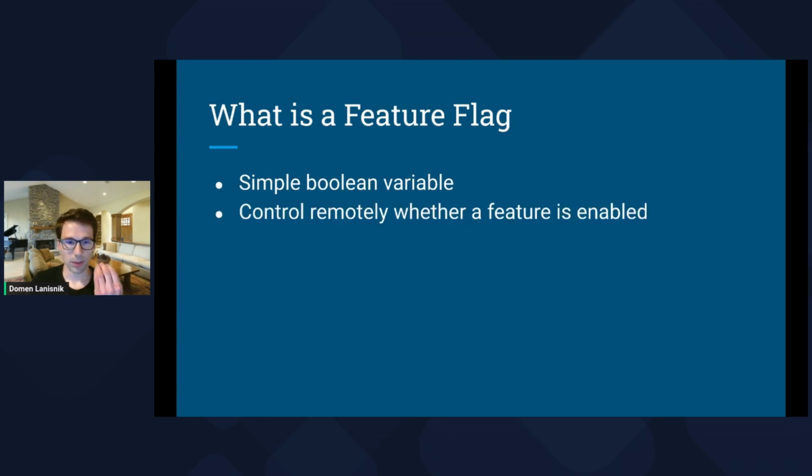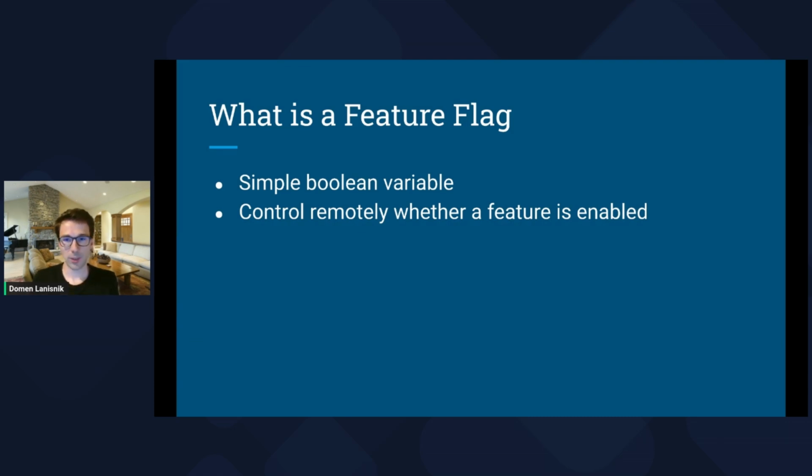So there's a build time feature flag and a runtime feature flag. A build time flag would be something you have defined statically in your code or through a build system like Gradle. And to change the value of that feature flag or variable, you need to rebuild the app, right?